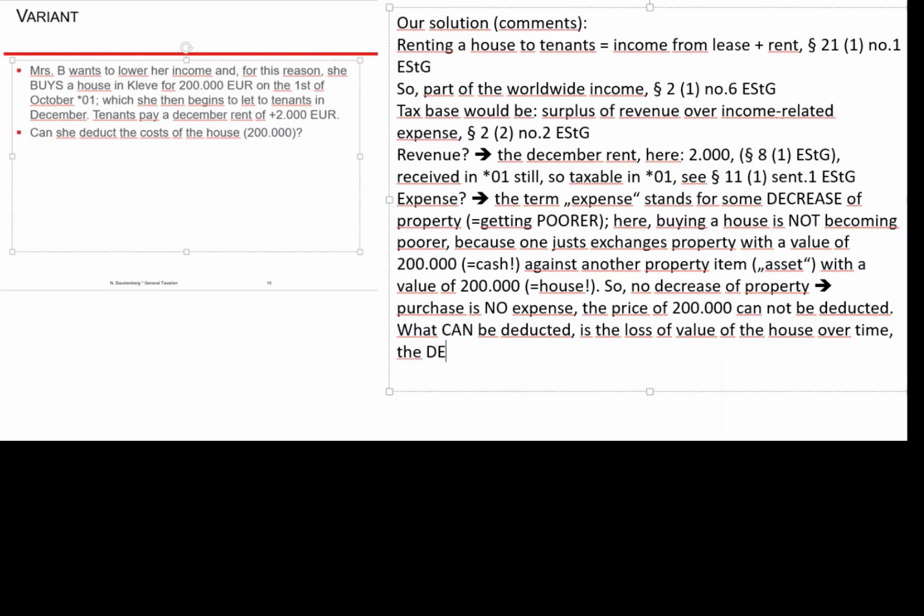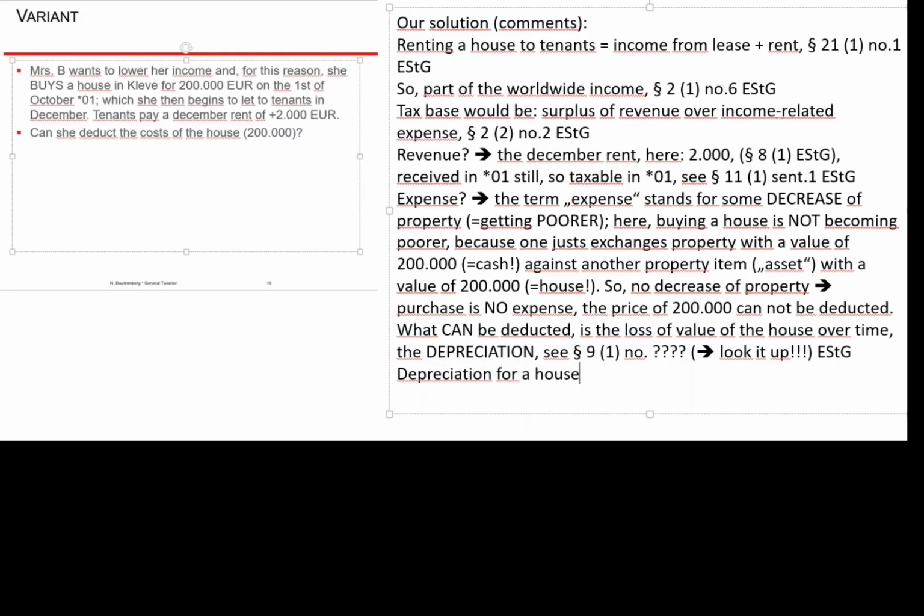So that is called the depreciation amount or the depreciation, and that is explicitly allowed in paragraph 9.1. I don't remember the exact number now, and as I'm lazy, Christmas is going to come, so I'm lazy. Look it up. So in the ESDG, there you also find you can deduct the depreciation for a house.